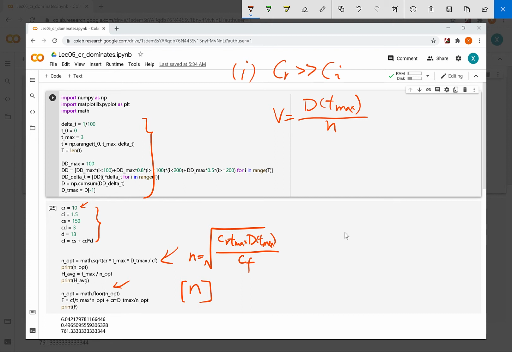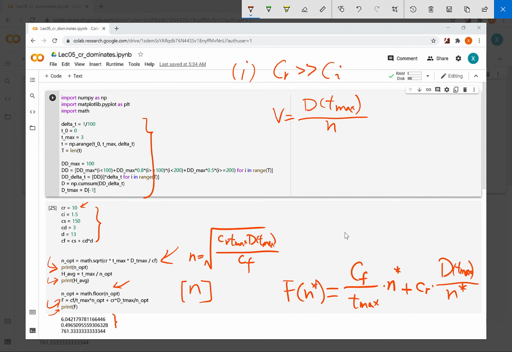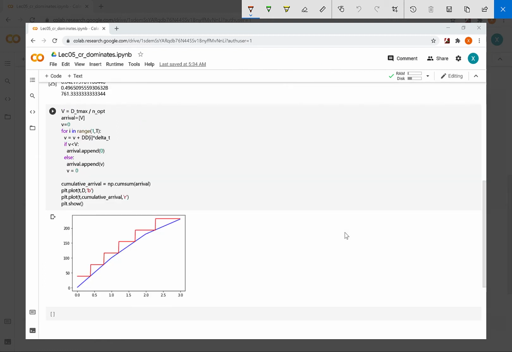And then, based on this integer number of shipments, we can calculate the total cost based on our formula. We have printed the original float value of the optimum n, the average headway, and finally our total cost. Here, let's verify our calculation. We can further plot the cumulative arrival curve to double check.